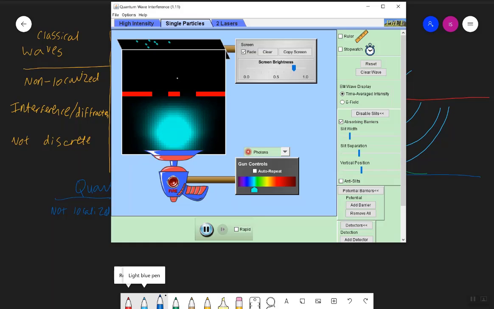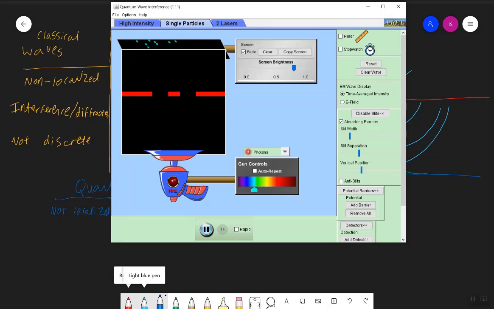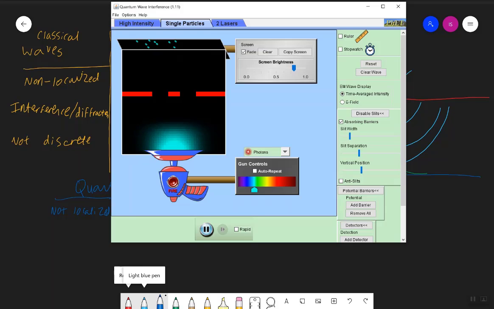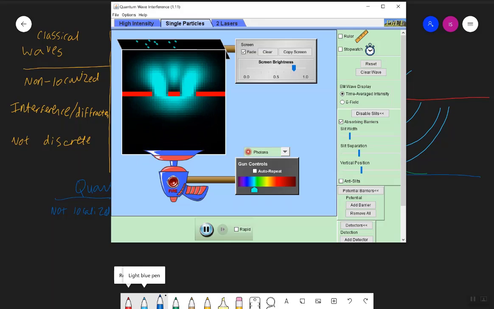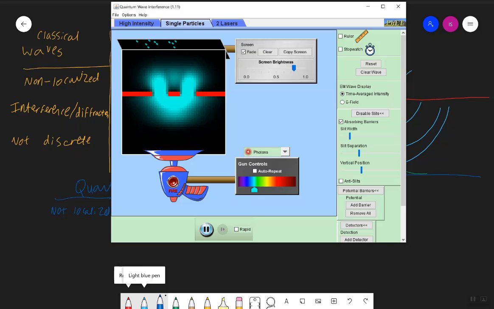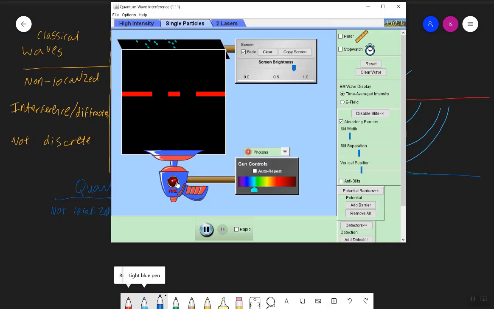So right now, it looks like it's going there, but probability will say eventually one of the electrons will be here. I believe this simulation uses some kind of random generator for the probability of the electron. And as you do this enough, I don't know if there's a way. Oh, rapid. There we go.